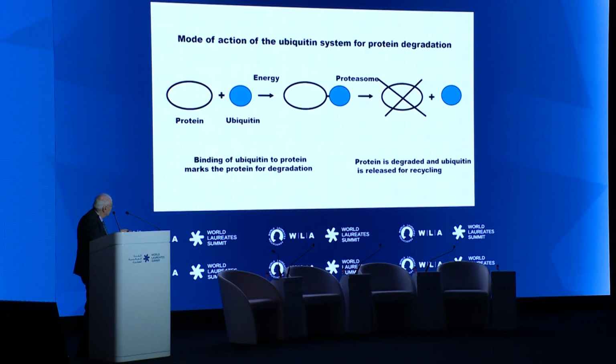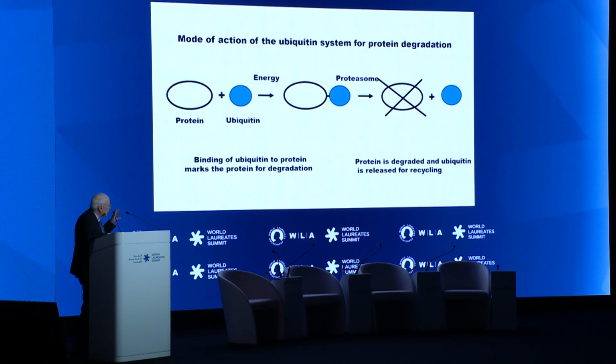Our question was, what is the system that degrades proteins with such high specificity and sophistication? Together with my colleague Avram Hershko and with my then graduate student Aaron Ciechanover, we discovered the system. It is called the ubiquitin system. Proteins have to be marked for degradation.